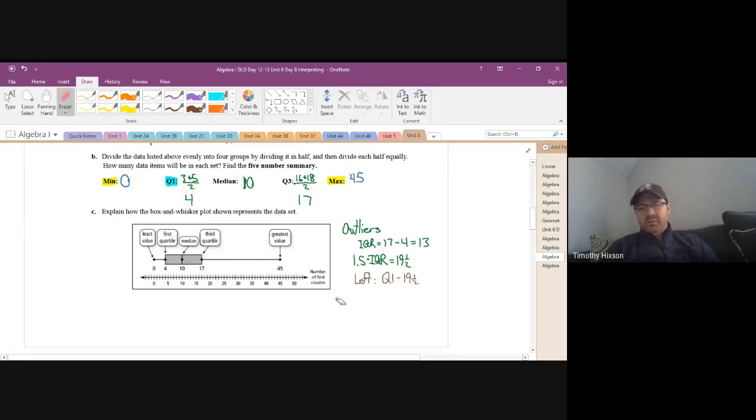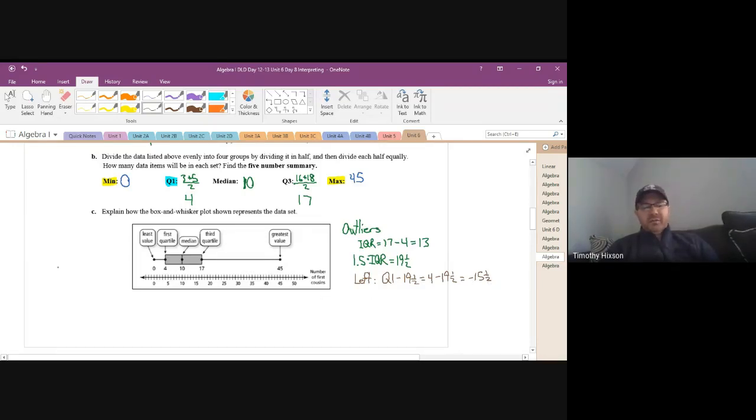Okay, Q1 minus 19.5. And Q1 we said was 4. So logically, 4 minus 19.5 means we'd have a negative number of first cousins, which is impossible. So we don't even have to look at the data. Clearly, there are not going to be any outliers on the left side.